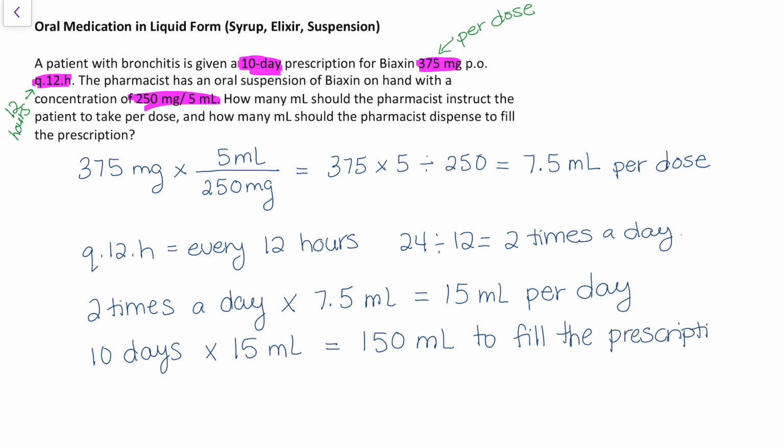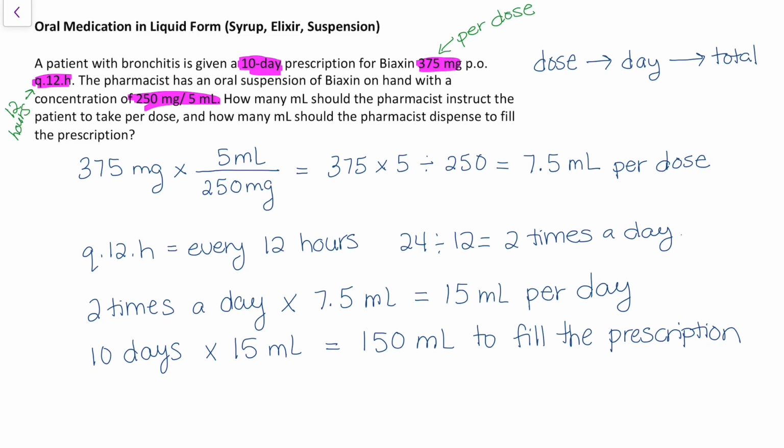So with these types of questions, essentially the pathway we're using, the steps we're taking, is always how much per dose, so how much per day, so how much in total for the whole prescription.